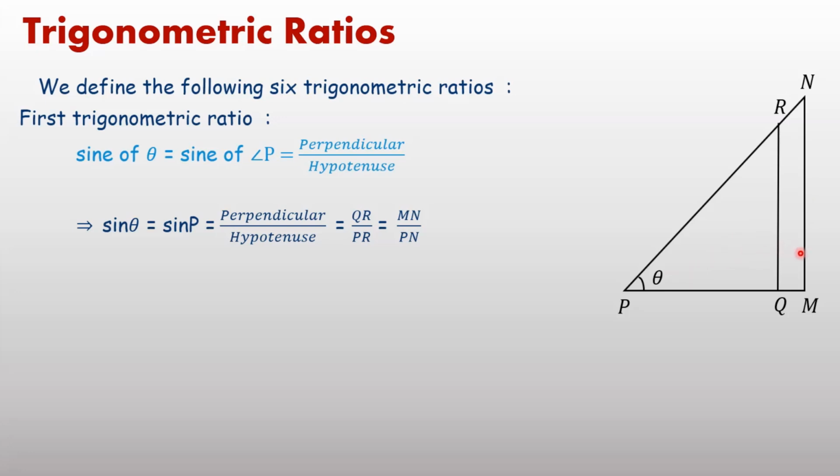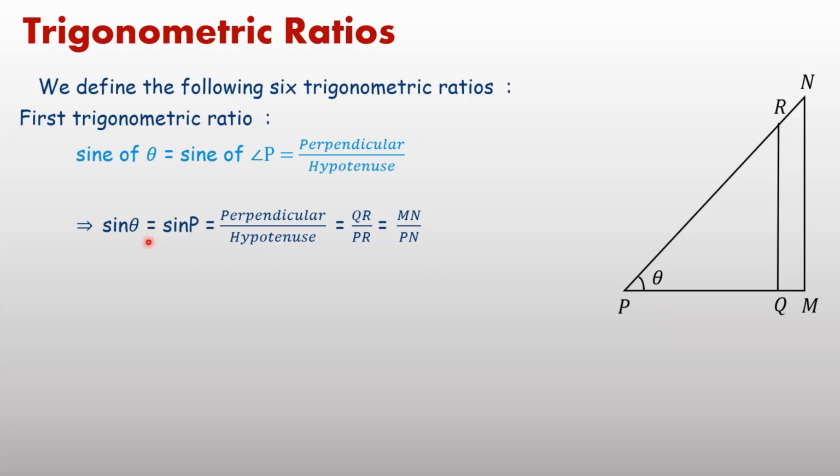Therefore, MN is known as perpendicular for angle theta. And the third, remaining side is known as the base of the triangle. Therefore, in triangle PQR, PQ is known as base, or in triangle PMN, PM is known as base.